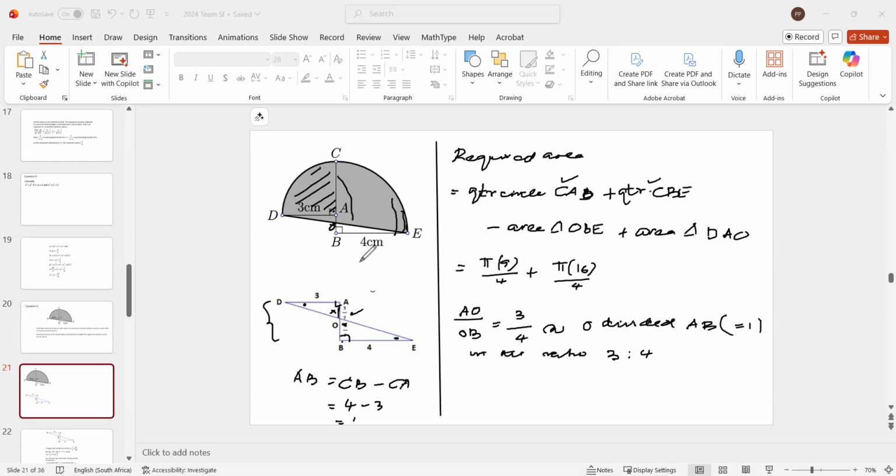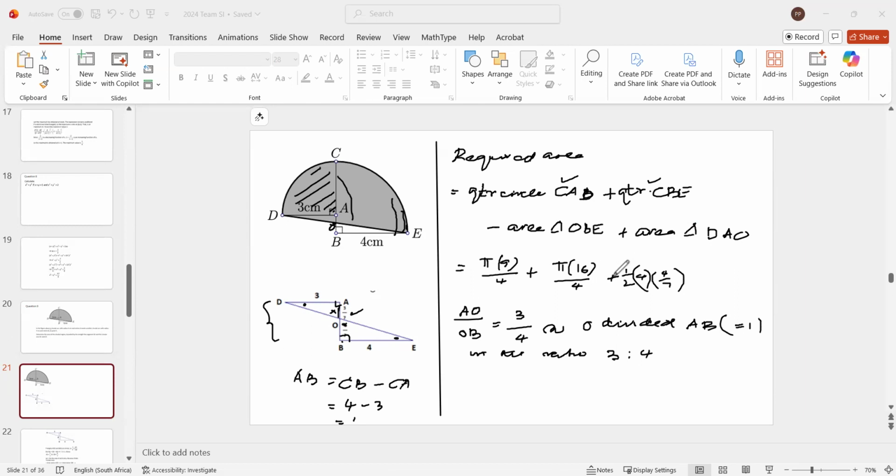Okay, so what's the area of this triangle here? It's a right angle triangle, and two sides are 3 and 3/7. So OBE is half base times height. The base is 4, and the height is 4/7. We just calculated this to be 4/7. That's OBE.